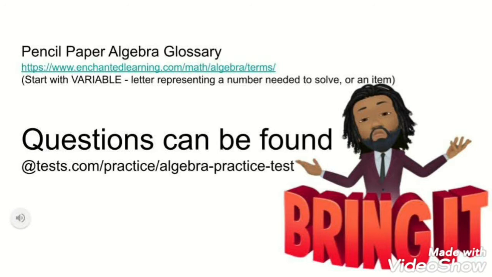I pulled up that glossary, and the first word I started with wasn't the very first word, it was the last word, and that word is variable. Algebra introduces letters into mathematics, and that's all it means. A variable is a letter representing a number needed to solve the problem, or it represents an item.